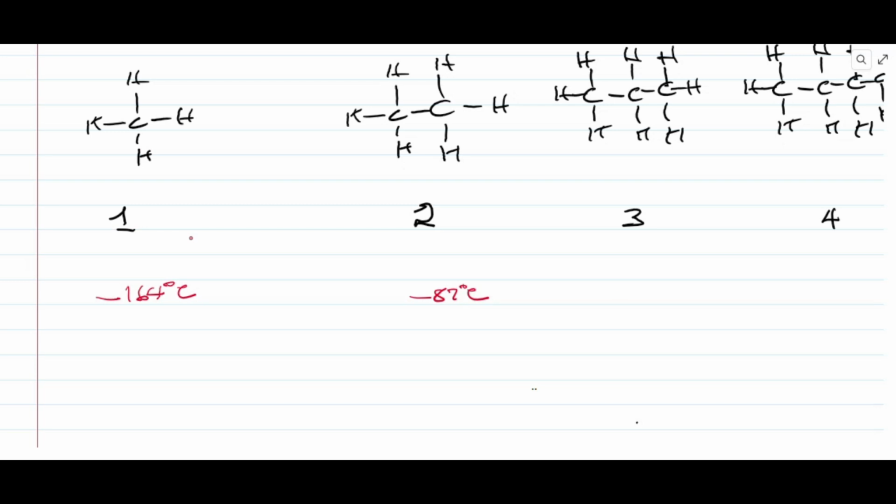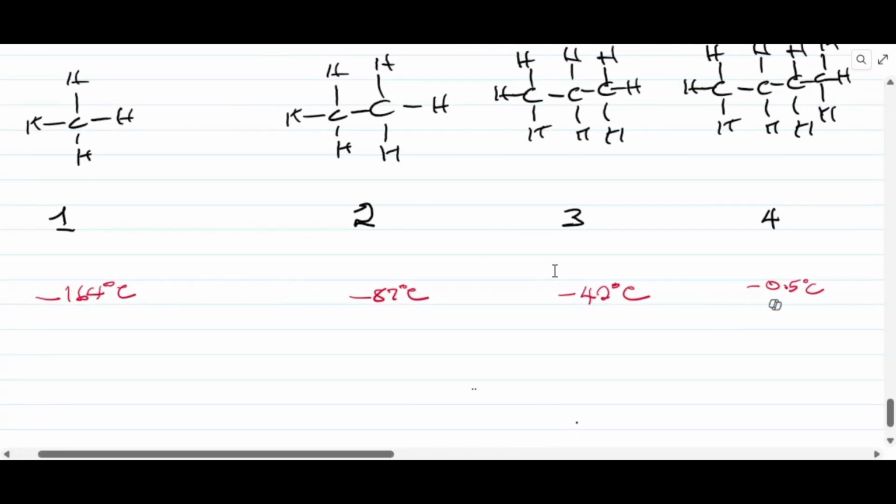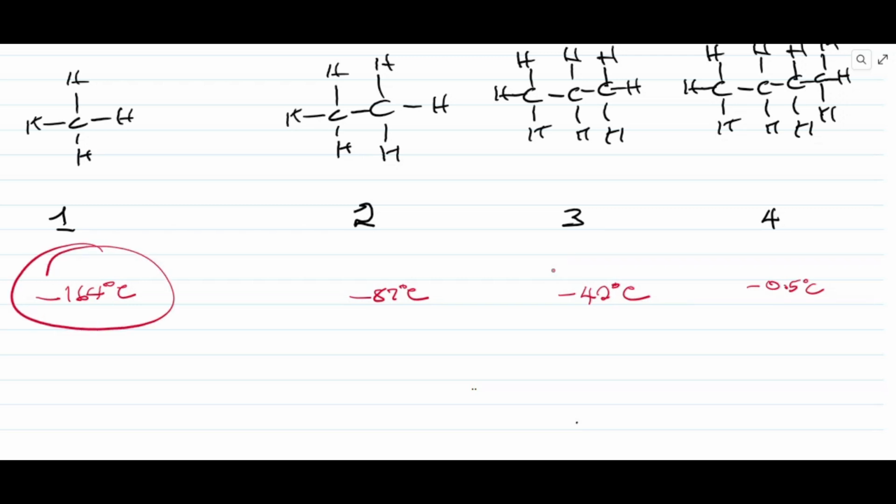For propane it is minus 42 degrees centigrade, and for butane it is minus 0.5 degrees centigrade. You can see that the boiling point increases as the chain length increases, which means that methane has the lowest boiling point, and butane has the highest boiling point.